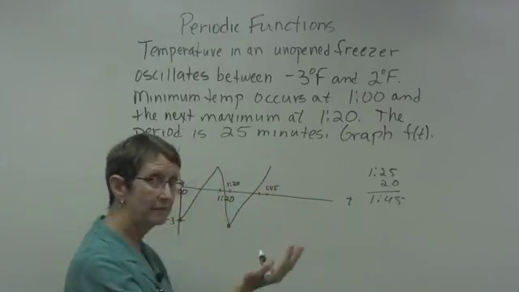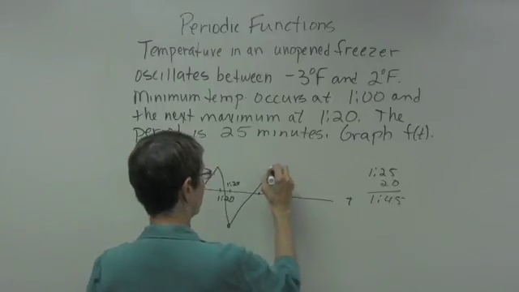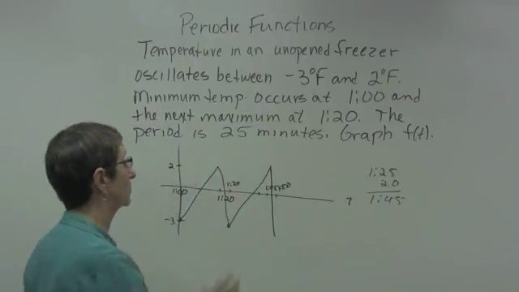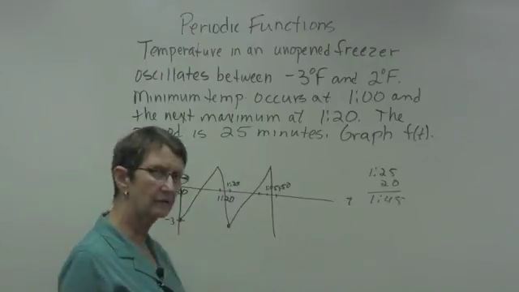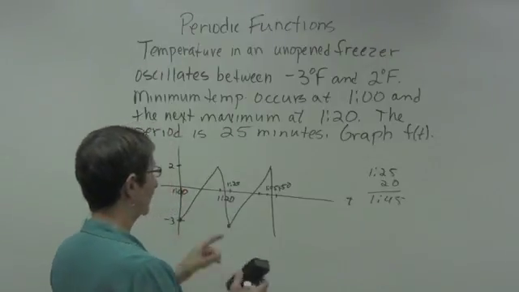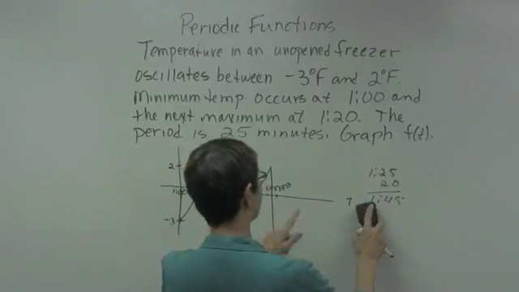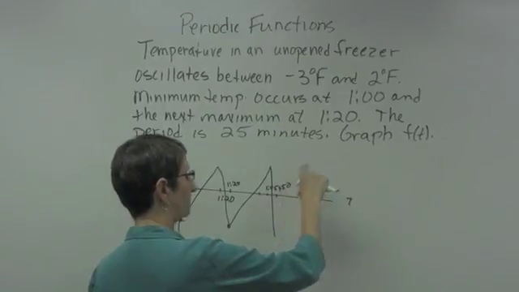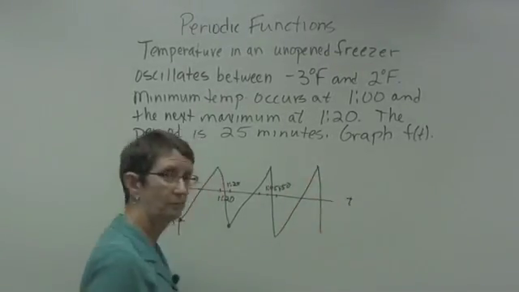And then 5 minutes later, which will be at 1:50, it hits the bottom again. And you can continue to do that. The units look kind of strange because we have to count funny, it seems like. So we hit the high 20 minutes after the low, and then it drops for 5 minutes, and then 20 minutes after that, which would be 20 minutes after 1:50, it would go up again and then drop.